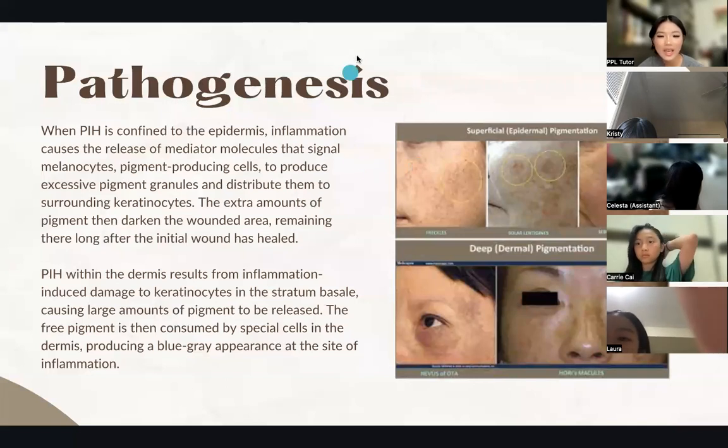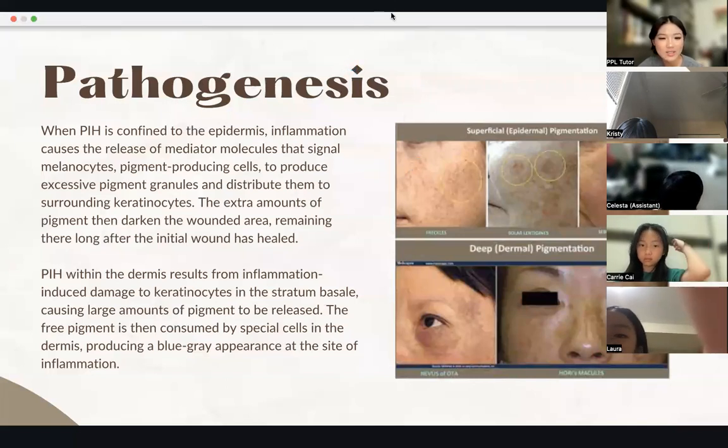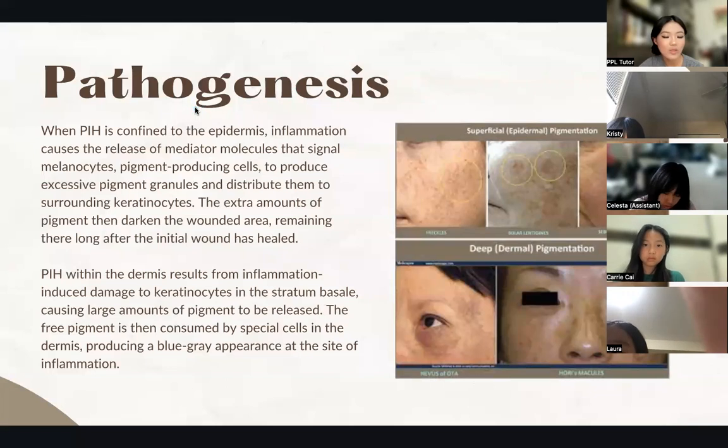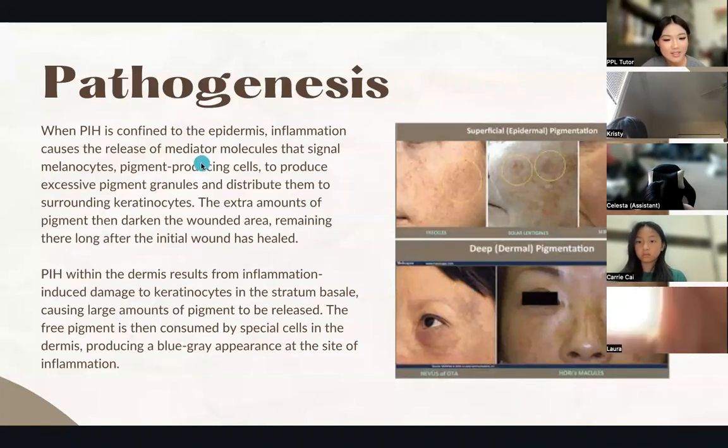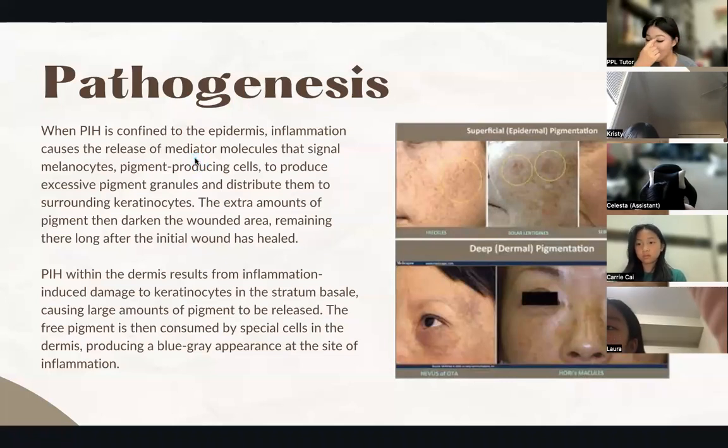So why do we have scarring? Why do we leave behind a scar after we have acne? Well, it depends on which layer the acne is found in. When post-inflammatory hyperpigmentation is confined to the epidermis, inflammation causes the release of mediator molecules that signal our melanocytes to produce excess pigment.